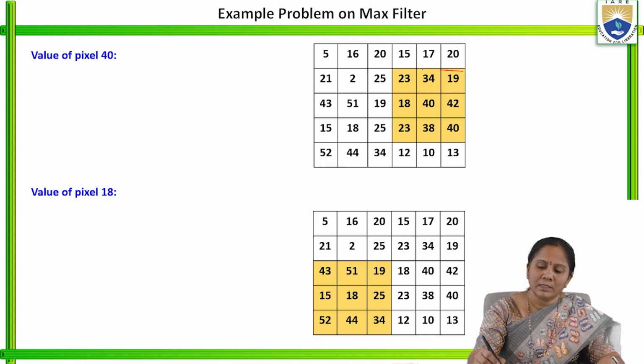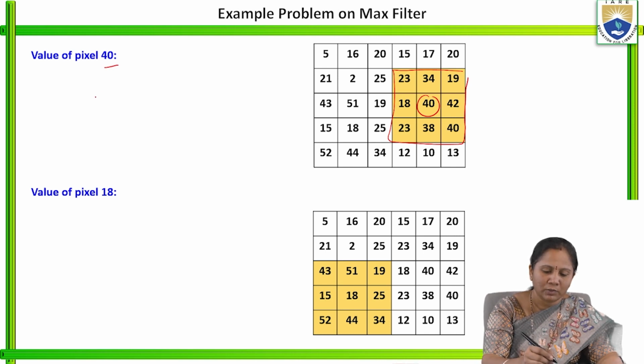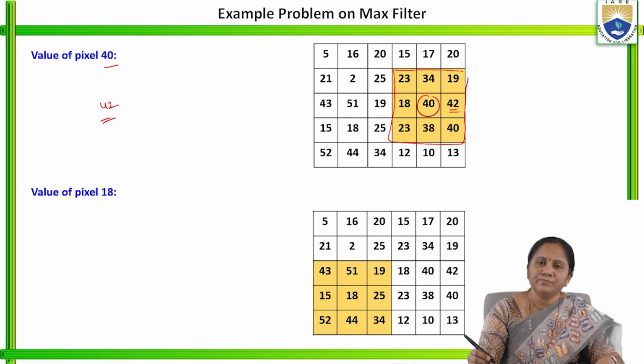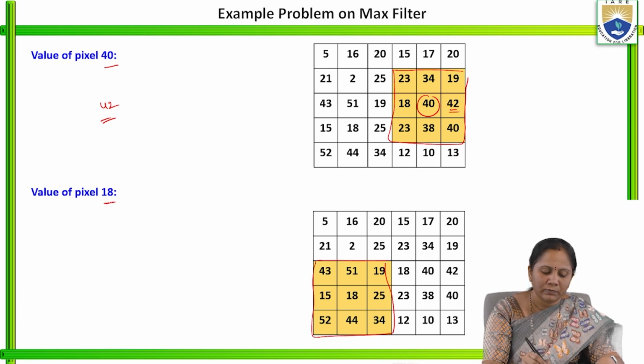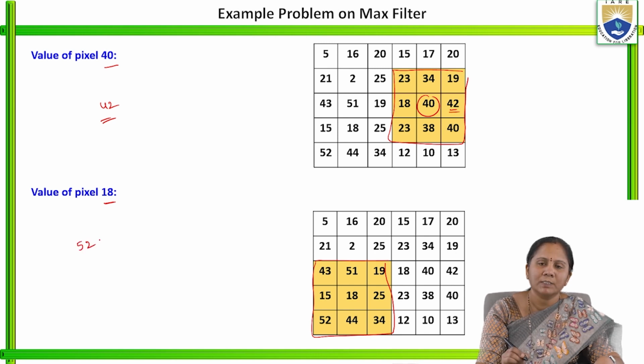And considering this neighborhood, to calculate for 40, 42 is the maximum pixel value. And here considering this mask, if we arrange for 18, 52 will be the maximum value.